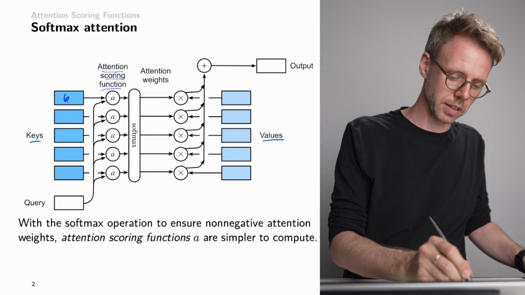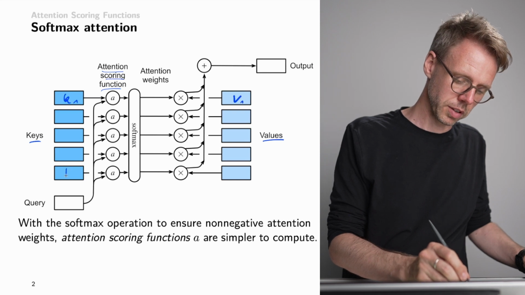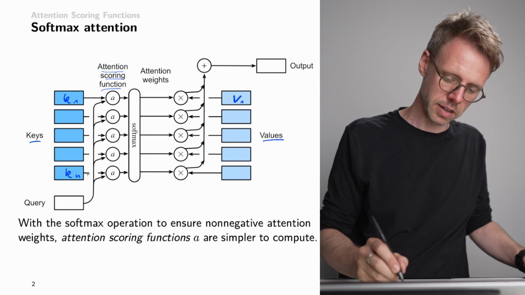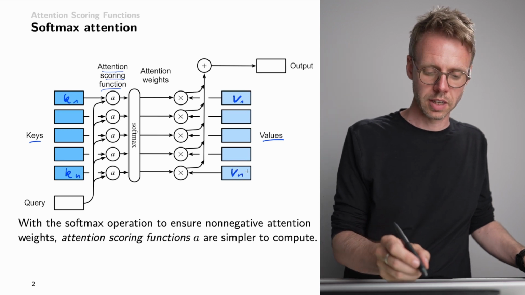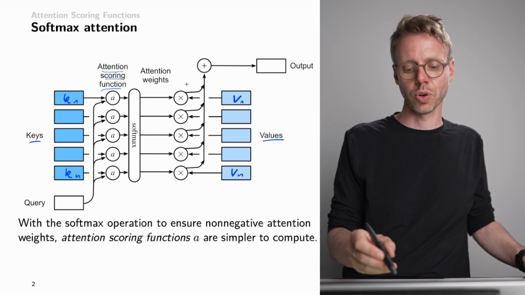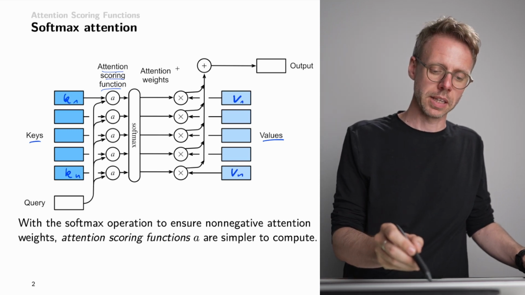So this might be K1 here, this here is V1, up to Kn, Vn.